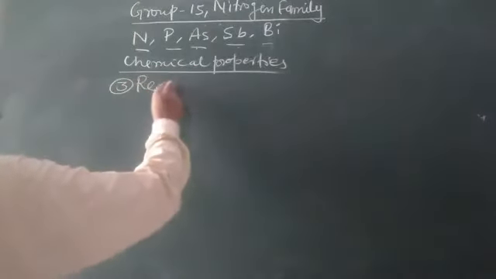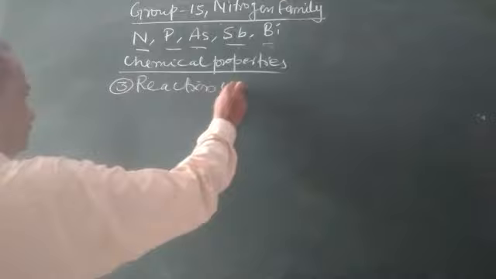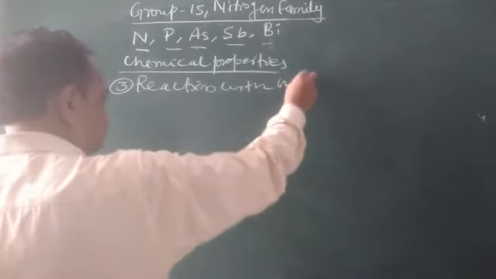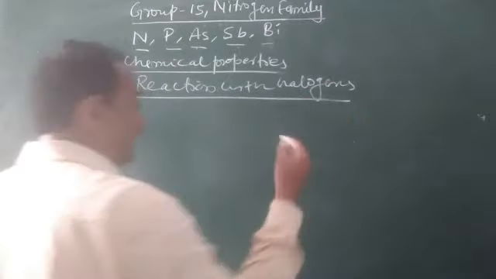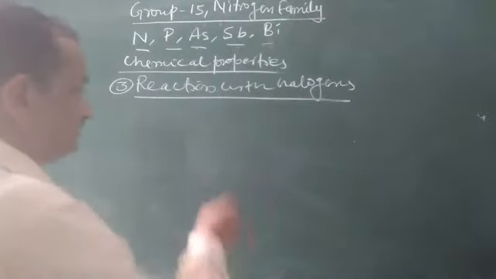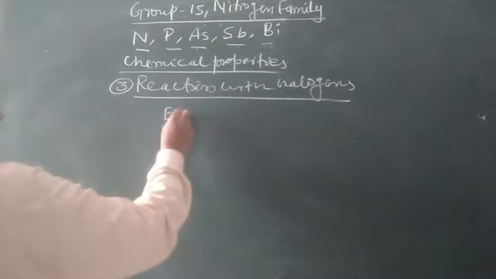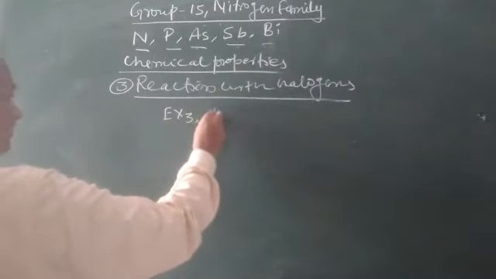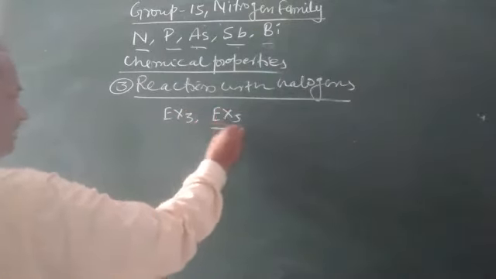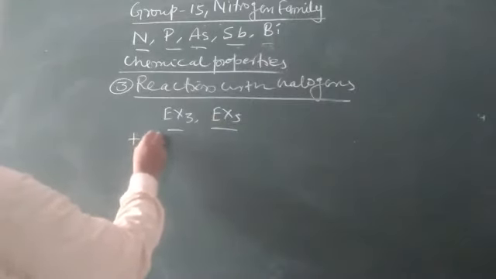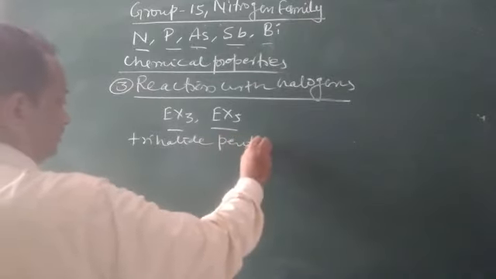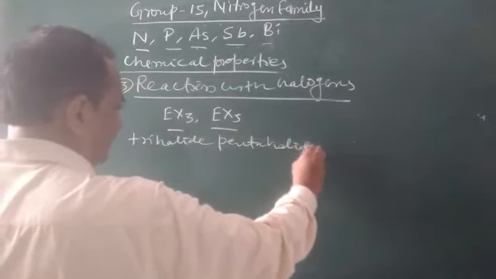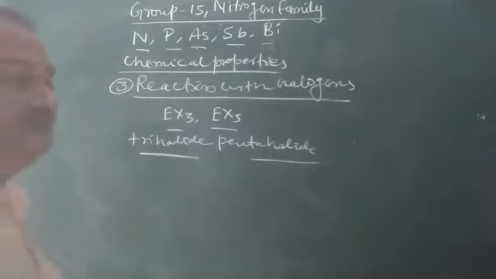Now next is reaction with halogens. They form halides in two categories, EX3 and EX5, trihalide and pentahalide.